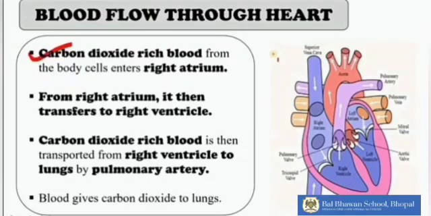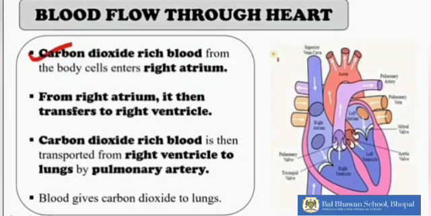By the process of diffusion. Now from the capillaries, it will enter your veins. And from the veins, it will reach your heart. And from the heart, it will reach your lungs. Got it? And who is going to carry this impure blood from the heart to the lungs? It is the pulmonary artery. This is an exception which you have already done in your previous video.